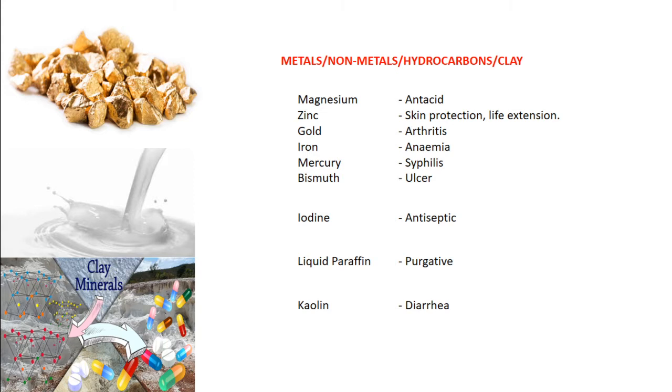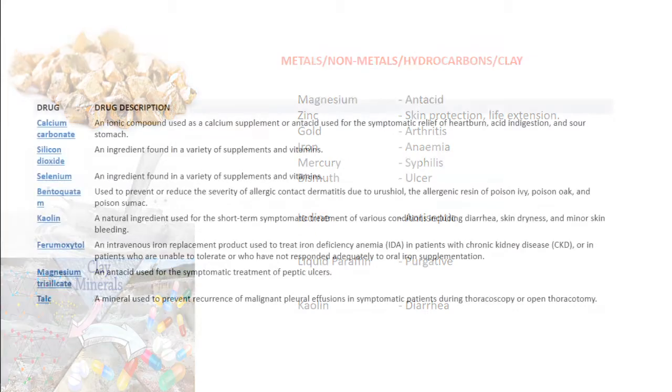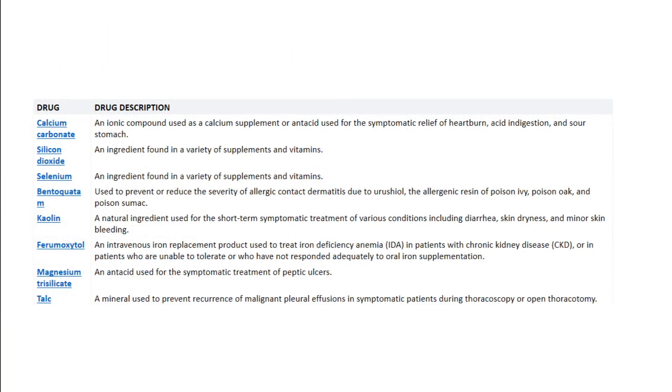And also kaolin, a type of clay, helps to treat diarrhea. So here you can have a glance at some of the compounds from which we are getting medicinal values. All these drugs are obtained from minerals.